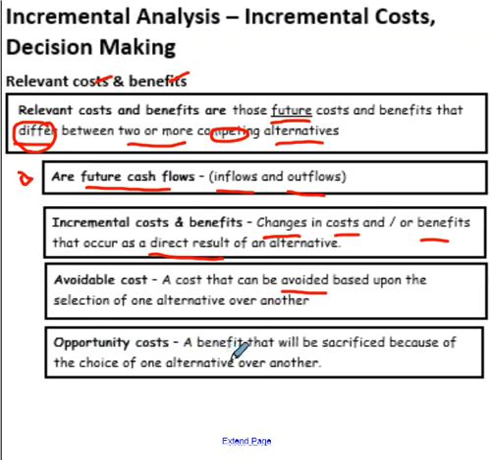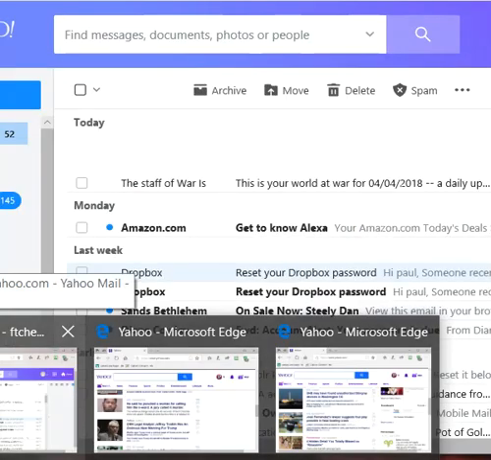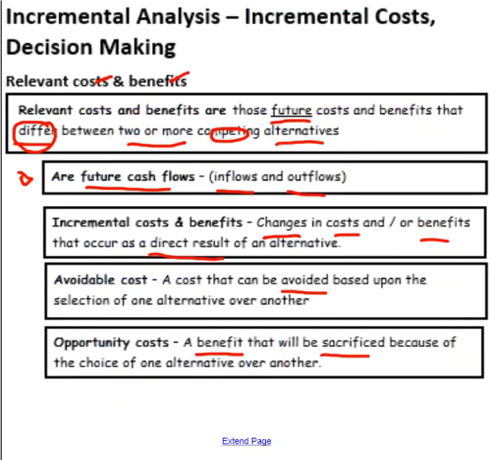Basically, an opportunity cost is a benefit, typically some form of cash inflow that will be sacrificed because of the choice of one alternative over another. Many times students have a problem trying to understand what that really means, opportunity costs.